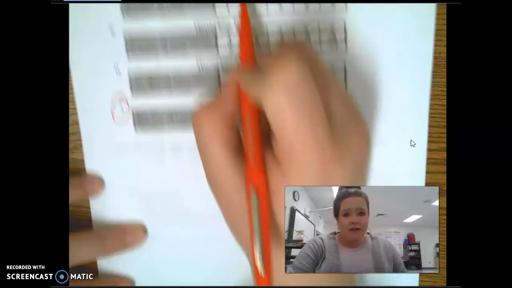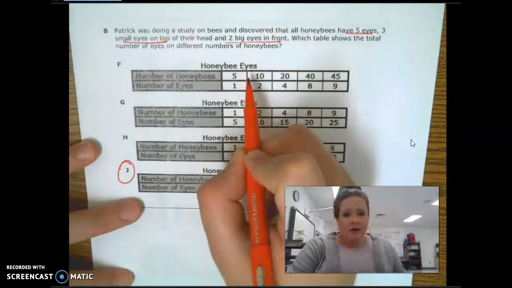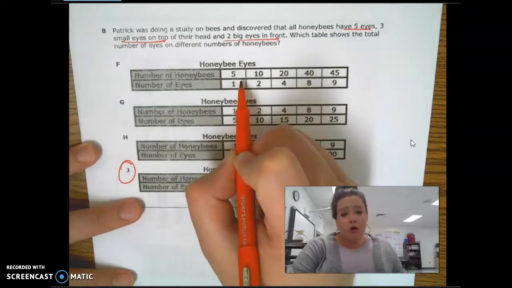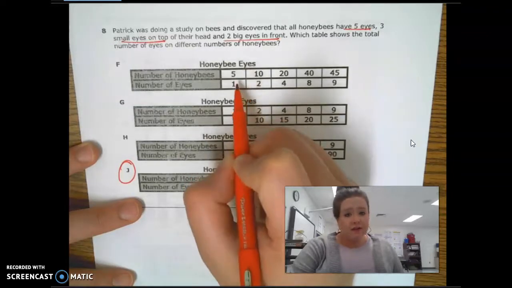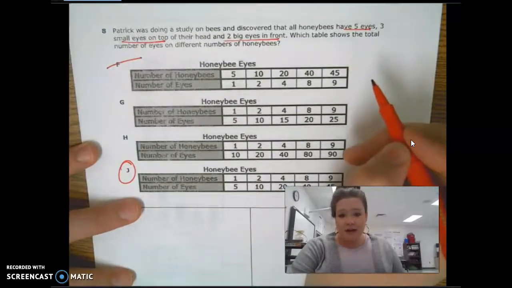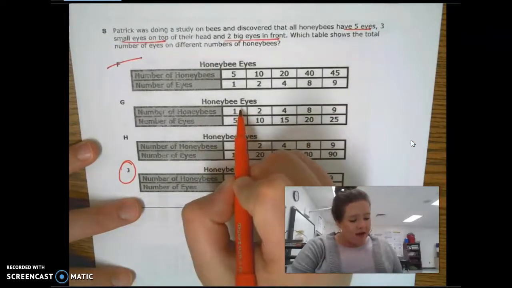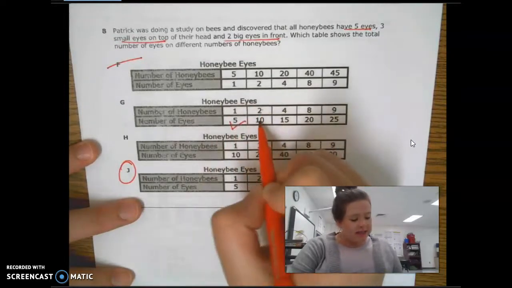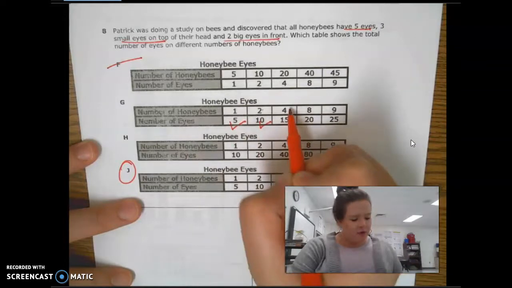5 honeybees. Oh, sorry, you cannot see that. 5 honeybees has 1 eye. No, that's not true. There's not 1 eye to share between 5 honeybees. 1 honeybee has 5 eyes. 2 honeybees has 10. 4 has 15.